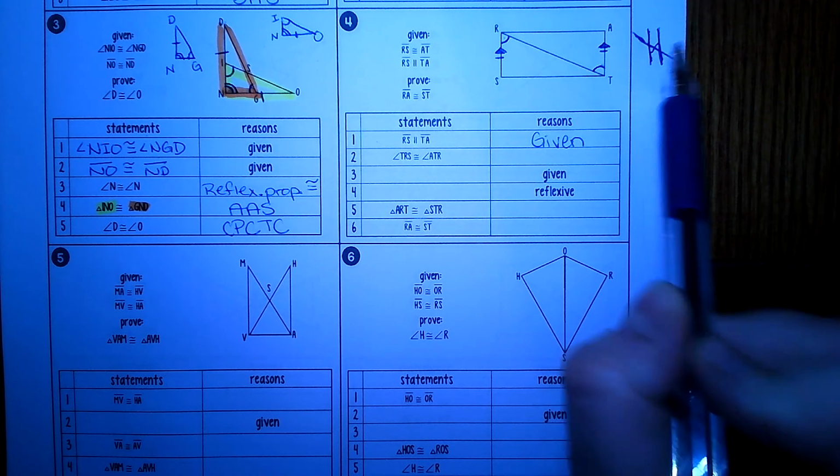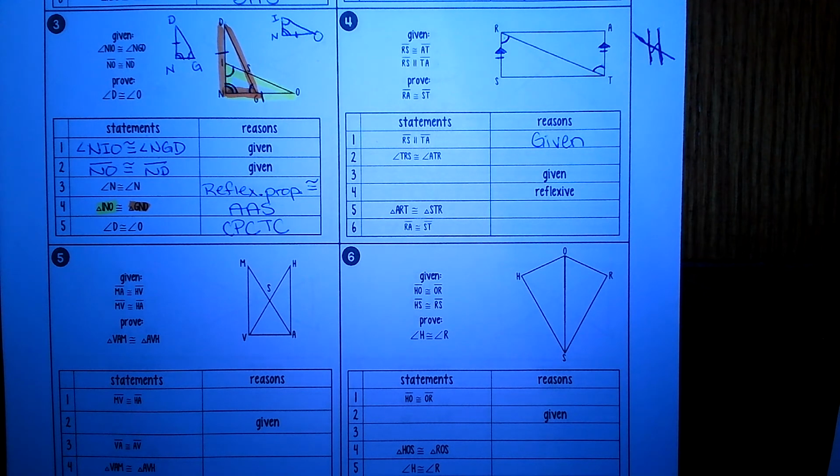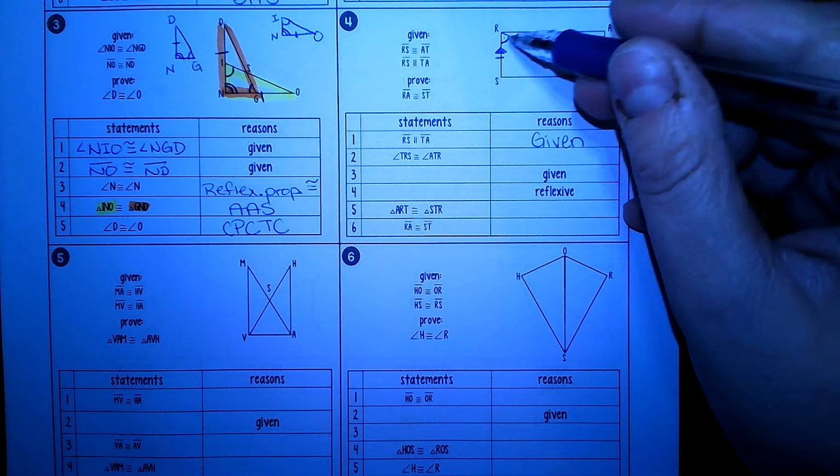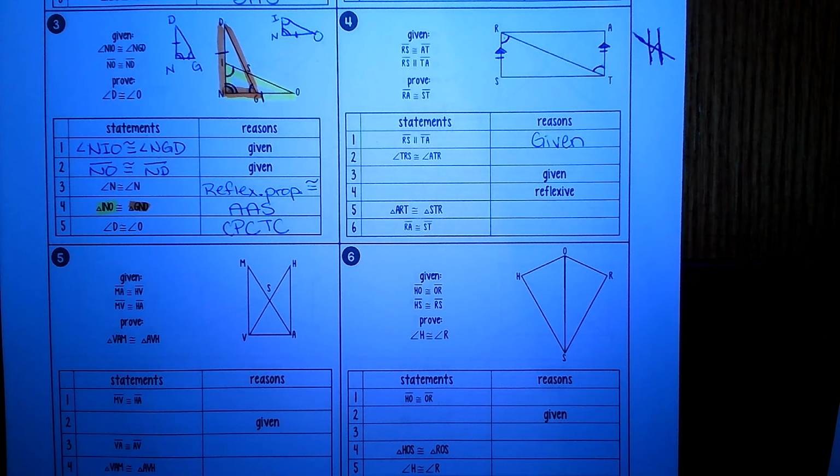Think about that. Remember, we've got our alternate interiors, alternate exteriors, corresponding, consecutive interiors, consecutive exteriors. Well, these two angles are alternate interiors of each other. And we know that when lines are parallel, alternate interior angles are congruent.